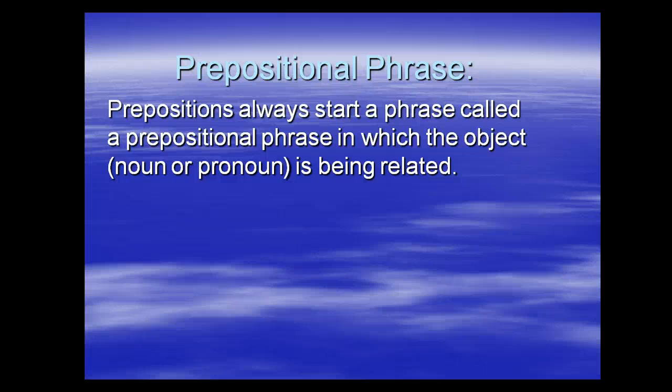So that isn't a new term to us. Right? We know the object has to be a noun or a pronoun. The only difference with this object from the other types of objects is that it will follow a preposition instead of a verb. So it follows the preposition, it will be the object of the preposition.